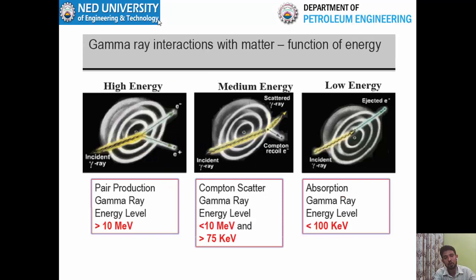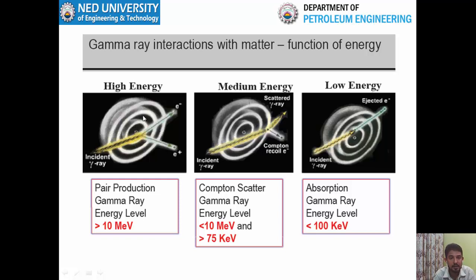This is basically the principle of how the density log measures the porosity. Generally, when gamma rays interact with matter, depending on the energy of the gamma ray, three possible processes are expected.